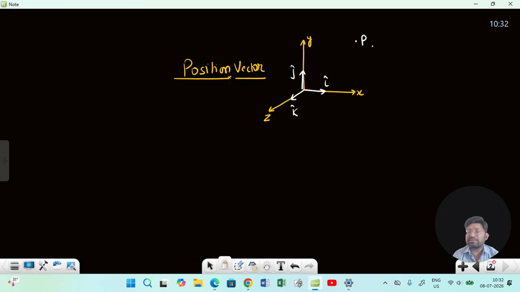For example, we have to write the position vector of any point P. We have taken an arbitrary point P and let us suppose the coordinates of point P are 2, 3 and 5. We all know the first coordinate is the x coordinate, the second is the y coordinate and the third is the z coordinate. And this is our origin.